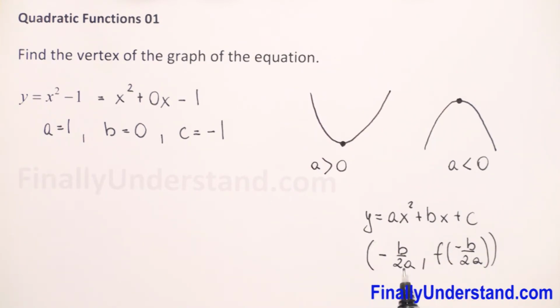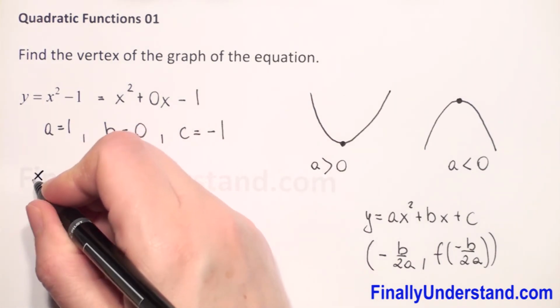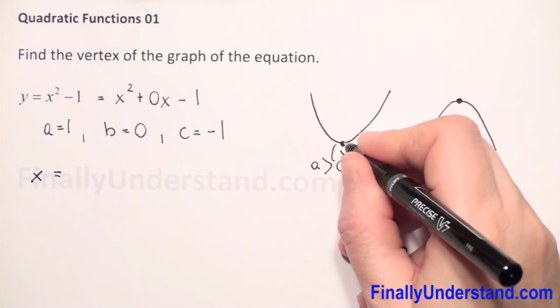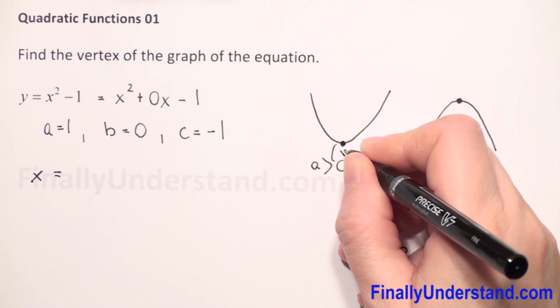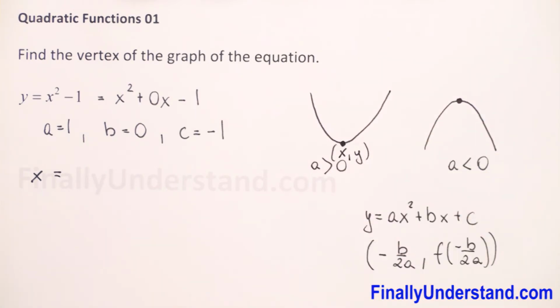So first, we will find the x-coordinate. We have a, b, and c. This is our vertex. The first coordinate is always x, the second is y. So we need to find x, y.